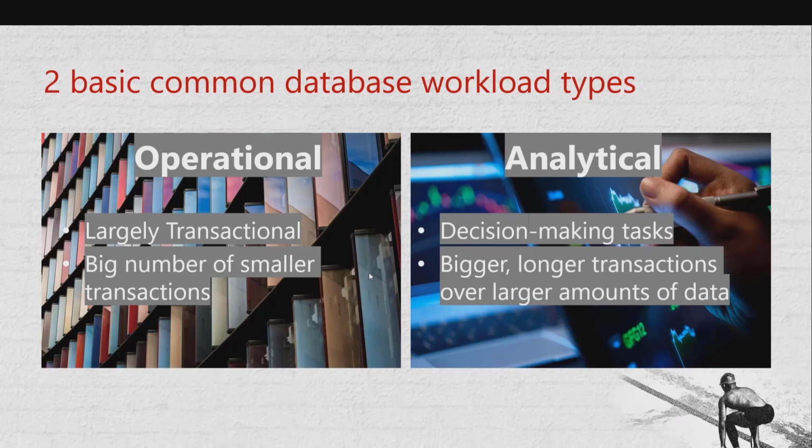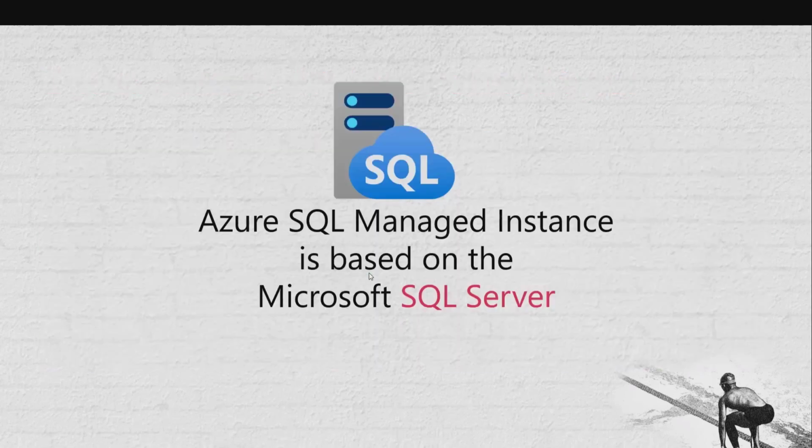This operational workload is sometimes called OLTP, Online Transactional Processing. From the other side, the other major workload type is analytical, when you support decision-making tasks. In these cases, typically the transactions are bigger and longer. Some of them can take hours or even days to process very big amounts of data.